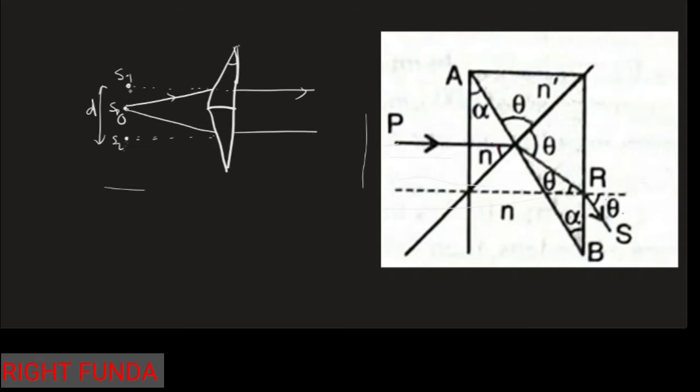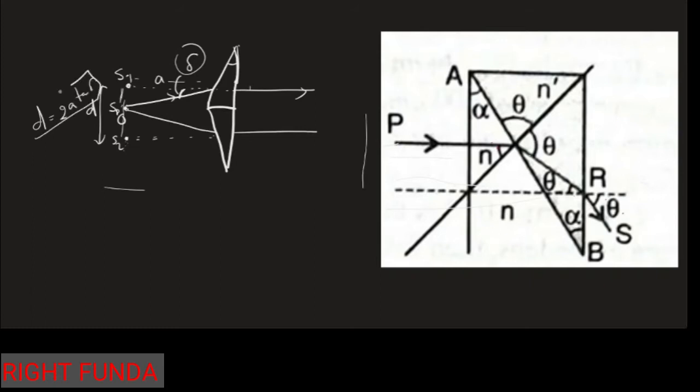To calculate the distance d, you will require this angle, which is called the angle of deviation. The ray does not go straight like this, it bends like this by this much angle, called delta. This delta is known to you. From this delta you can calculate this width by simple trigonometry. If this distance is a, then a tan delta is this width, and the distance d will be equal to 2a tan delta.